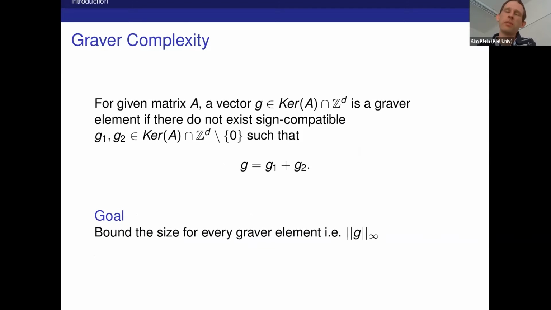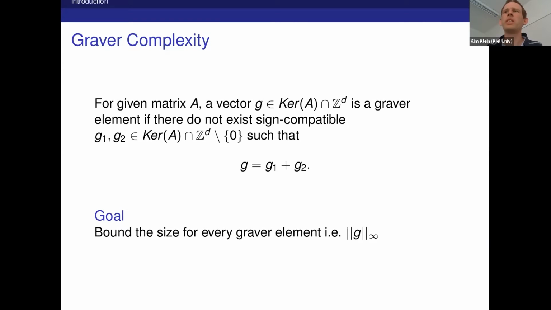Okay, so the way those IPs are solved, n-fold and two-stage, is by considering the so-called Graver complexity of the constraint matrix. So what is the Graver complexity? Essentially, you consider integral elements of your kernel, and you say that an integral kernel element is a Graver element if it cannot be decomposed in a sign-compatible way.